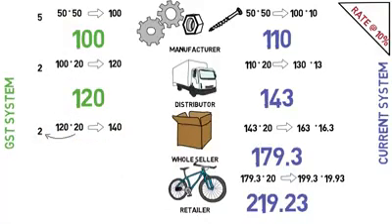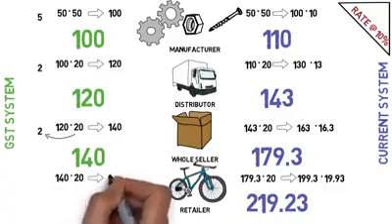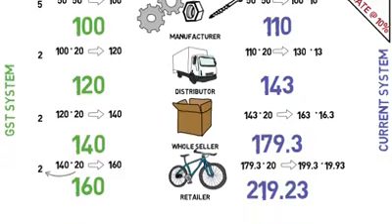The retailer buys the product for 140 rupees, adds a profit of 20 rupees, pays the taxes of 2 rupees on his profit of 20 rupees and raises the final consumer price to 160 rupees. So, if the prices are compared, the product is 59.23 rupees cheaper in the GST system than the current system. Let's take GST in detail.